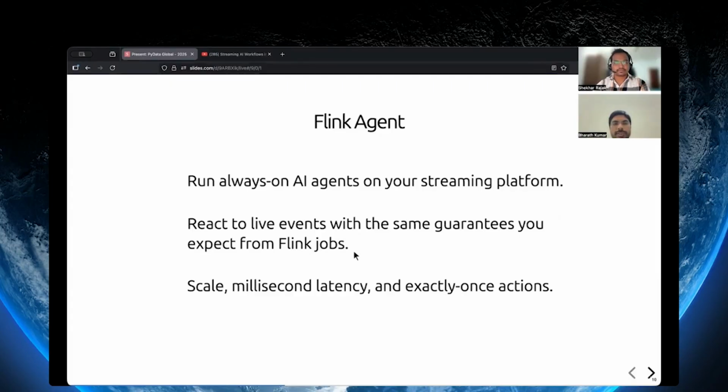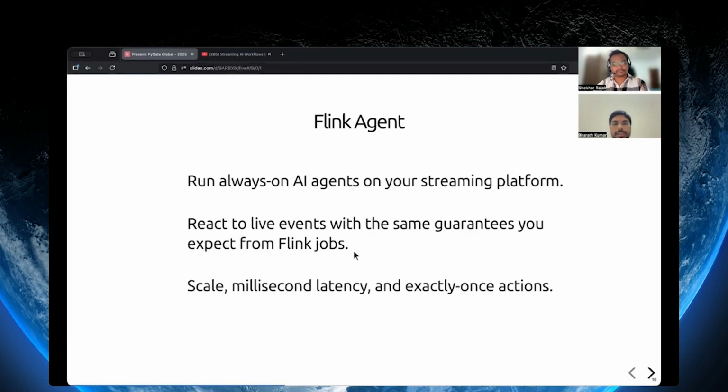So this is where the Flink agents fix this by making AI a native stateful operator inside the Apache Flink stream processing runtime. So these Flink agents are always-on AI agents on your streaming platform, reacting to the live events that are happening, and they give you the guarantees you expect from Flink jobs.